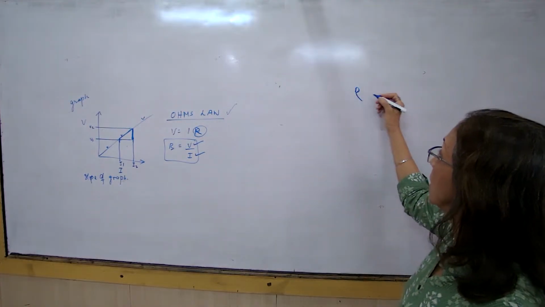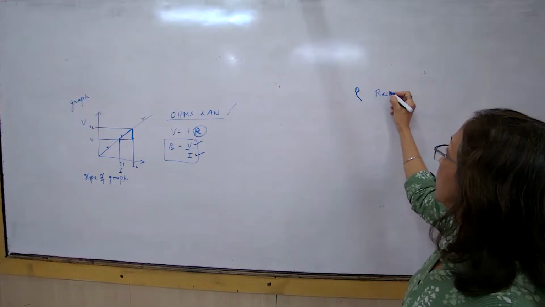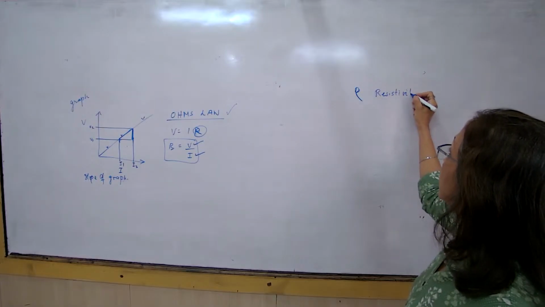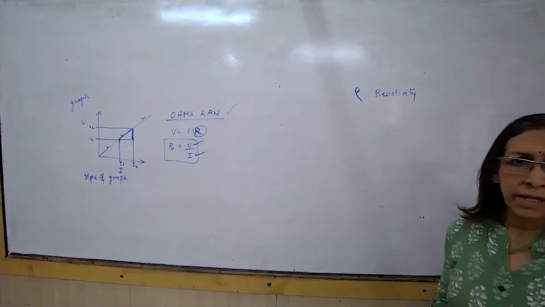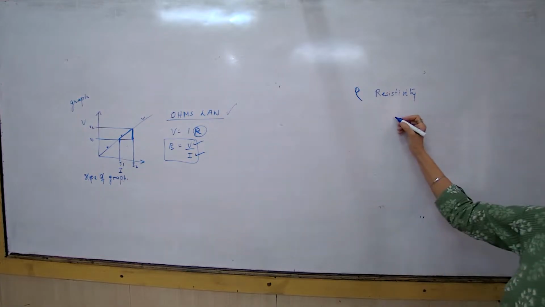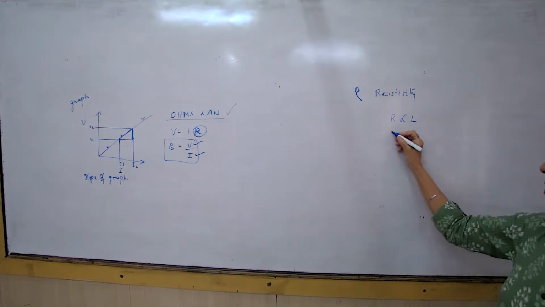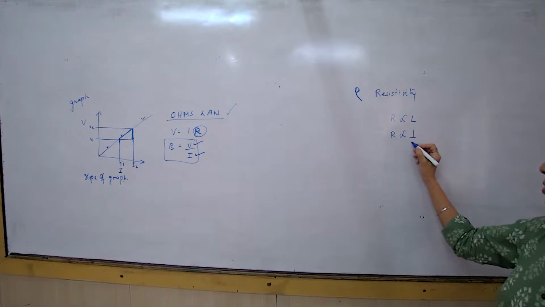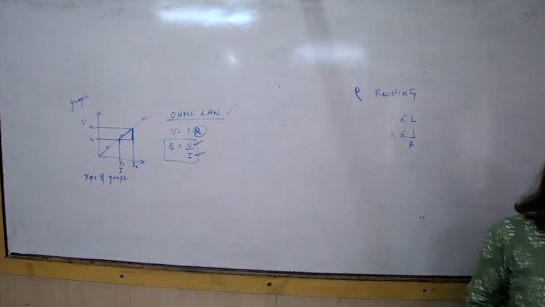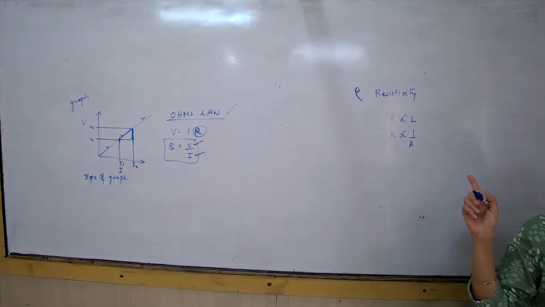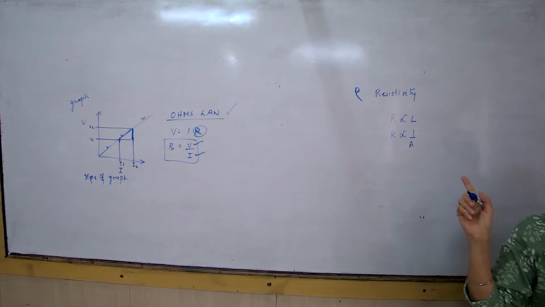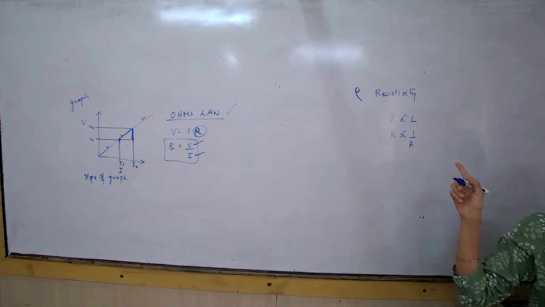Next, we have also seen what is known as this. What is this? Resistivity. Isn't it? What is resistivity? If you recall, resistance is directly proportional to length, and resistance is inversely proportional to cross-sectional area. This we have already seen. If you look at your notebook, you recall this one?